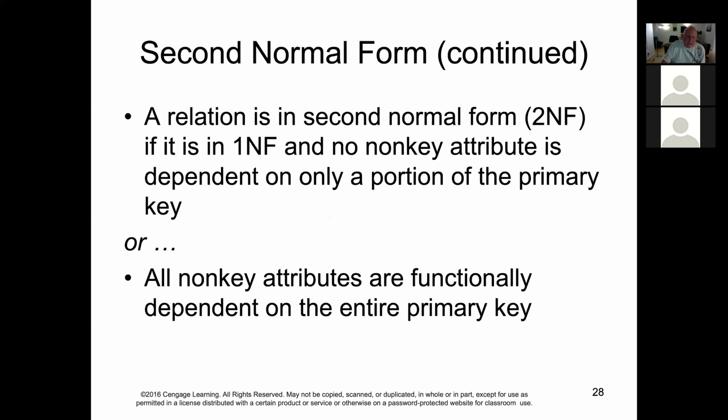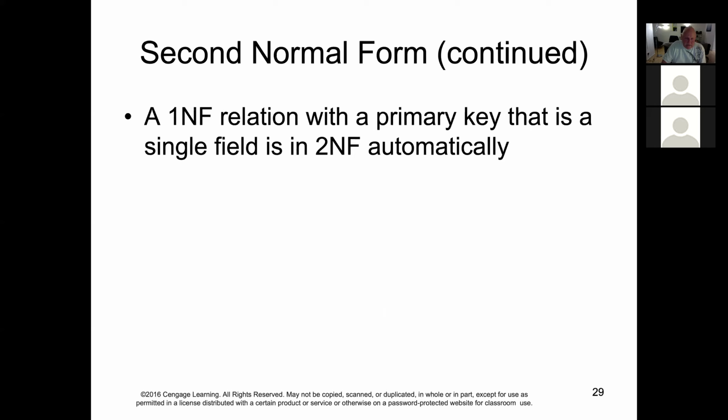A relation is in second normal form, 2NF, if it is in first normal form and no non-key attribute is dependent on only a portion of the primary key. All non-key attributes are functionally dependent on the entire primary key. This primary key will keep coming up in all your lessons. A 1NF relation with a primary key that is a single field is automatically in second normal form.